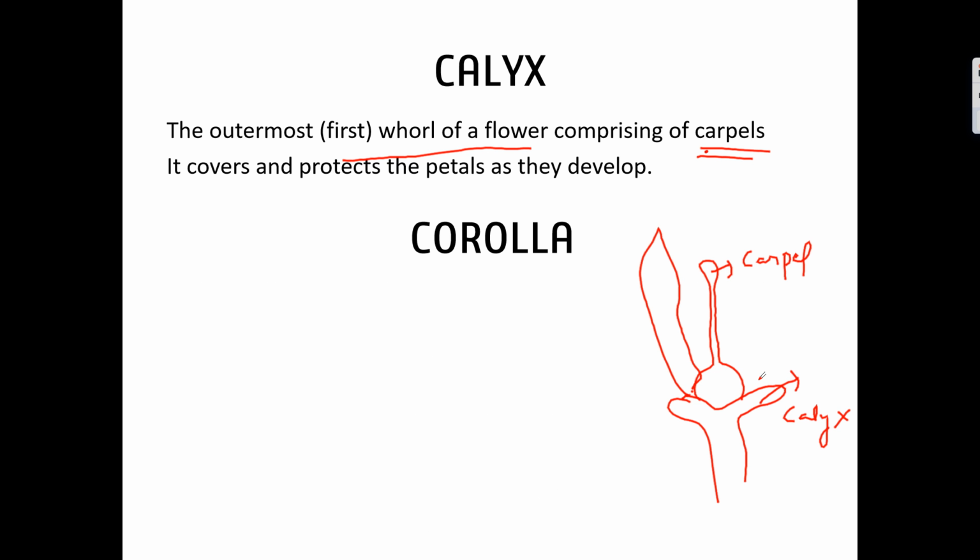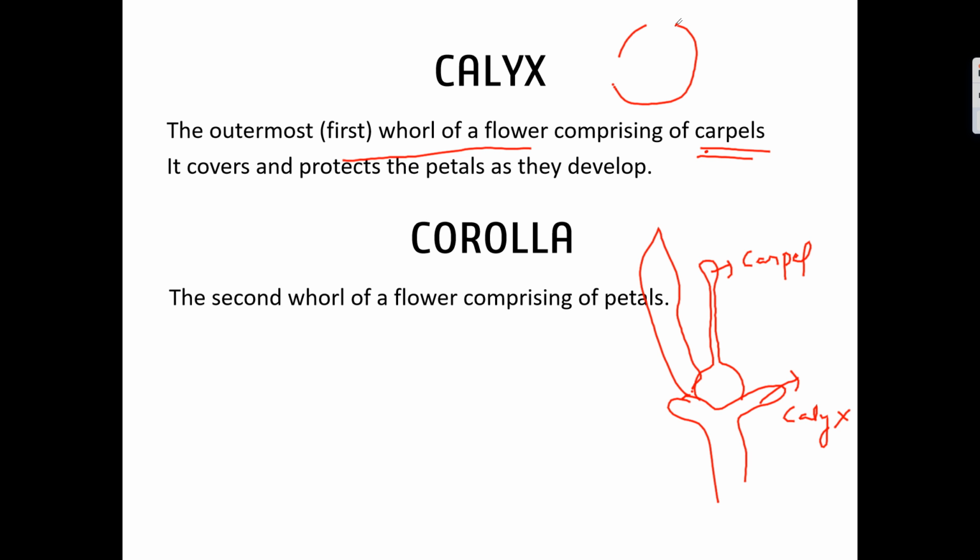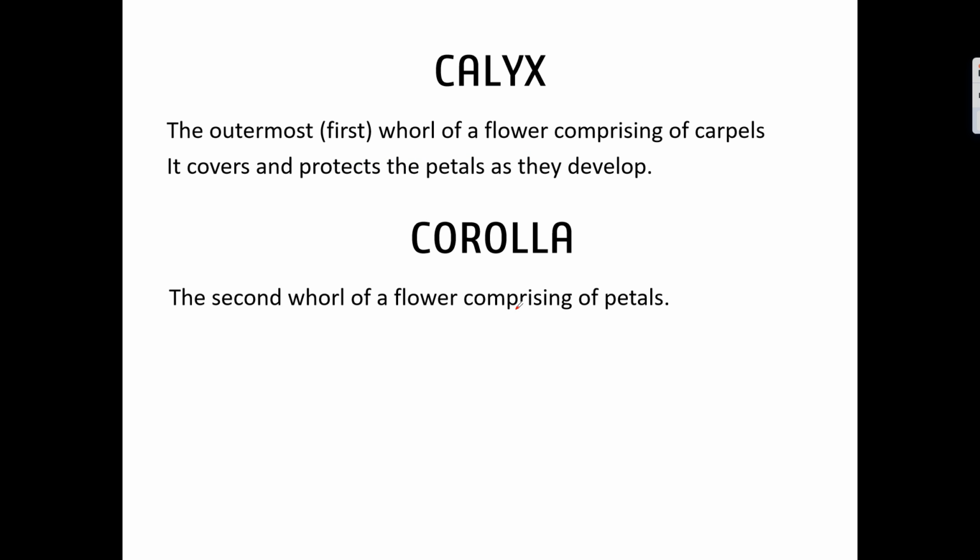Coming to the corolla, this is the second whorl of a flower. Usually we write the outer circle as calyx, then corolla, after that Androecium, then Gynoecium.